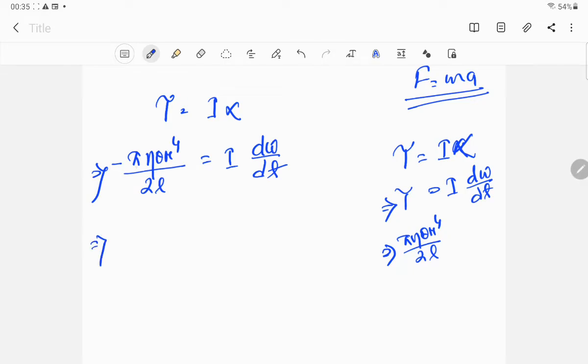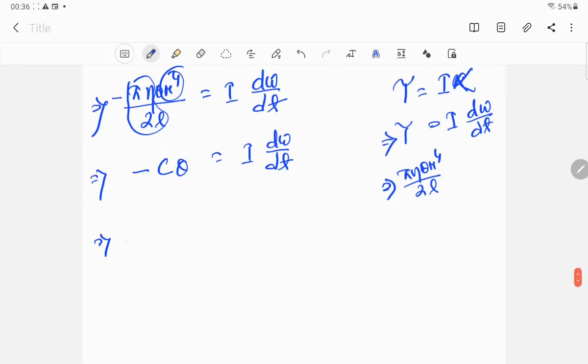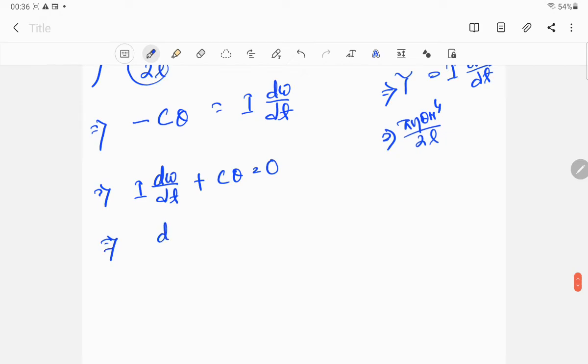Now pi eta r to the power 4 by twice L can be denoted by C, so the couple is C theta, and it is I d omega by dt. So I d omega by dt plus C theta is equal to 0, and then d omega by dt plus C by I theta equals 0.